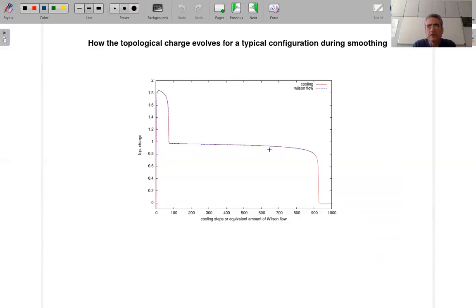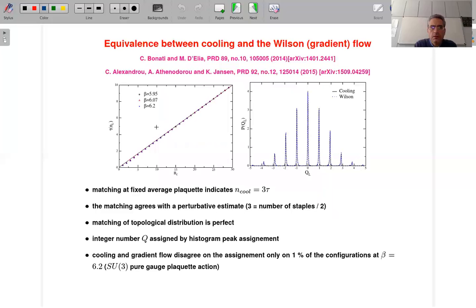But you have a very large plateau where the topological sector is stable and where you can define a topological background. Cooling and the Wilson flow work equally well in this respect. Now, there have been several studies checking the equivalence between different smoothing methods, in particular between cooling and the gradient flow.